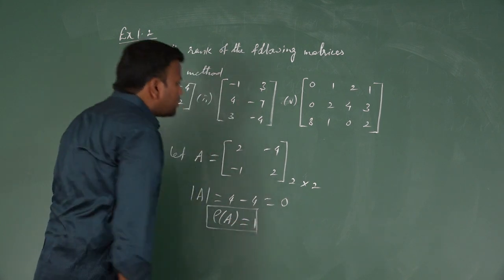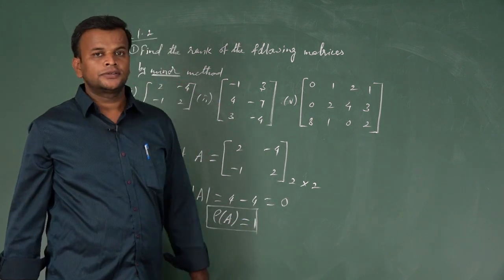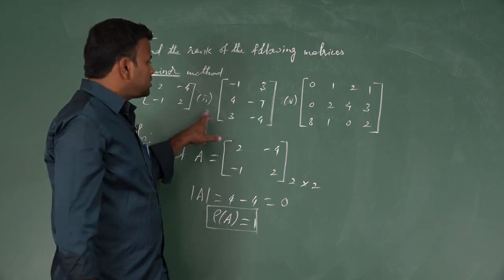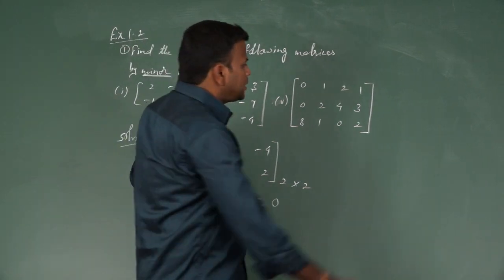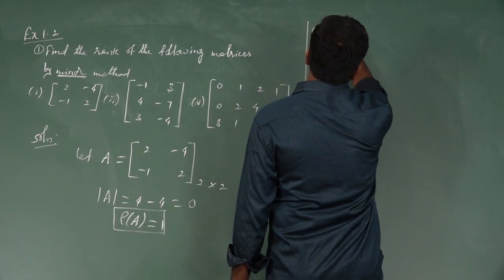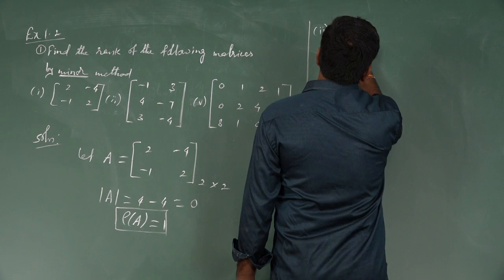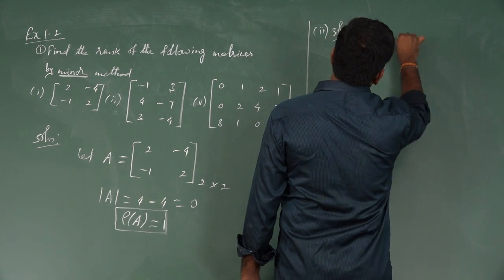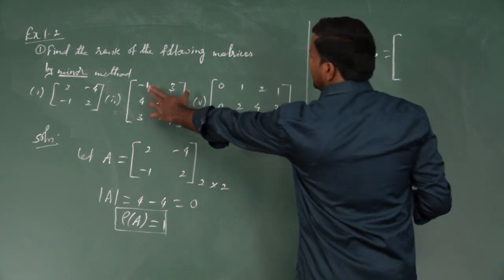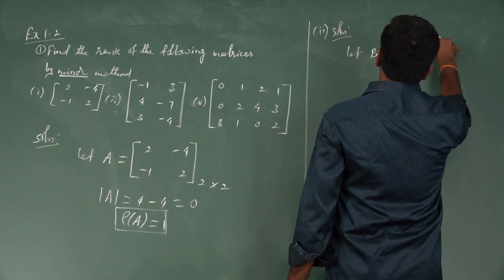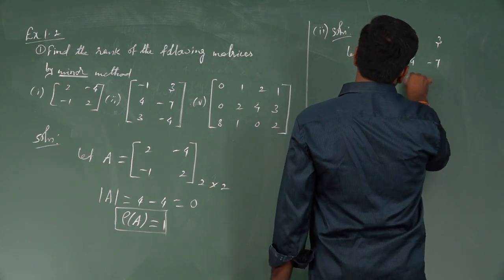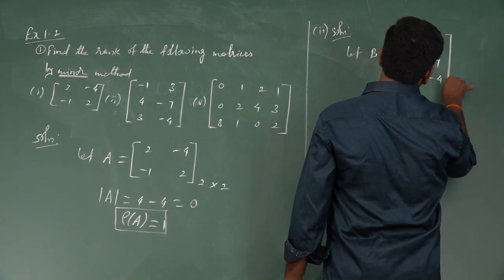So this method is called the minor method. Now we see the second solution. The name is not given, so here also we take a name for the given matrix. I will take the name of the matrix as B. The values of B are minus 1 3, 4 minus 7, 3 minus 4.